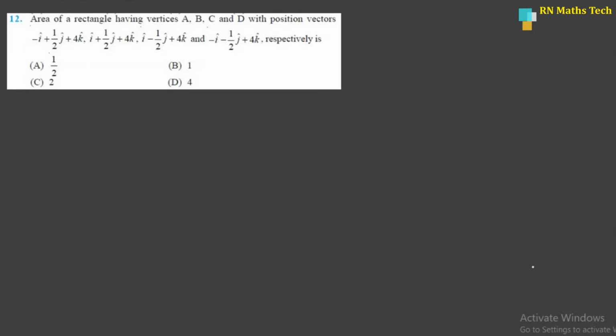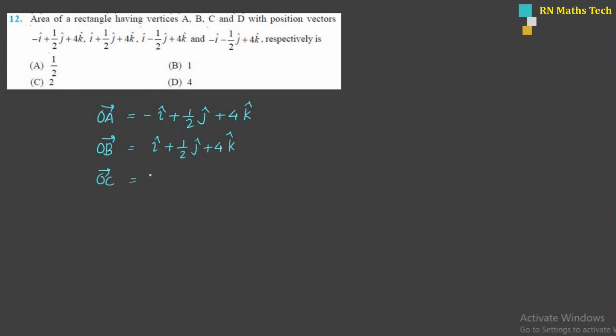Find the area of the rectangle having vertices A, B, C, D with the given position vectors. OA is minus i plus half j plus 4k. Vector OB is equal to i plus half j plus 4k.